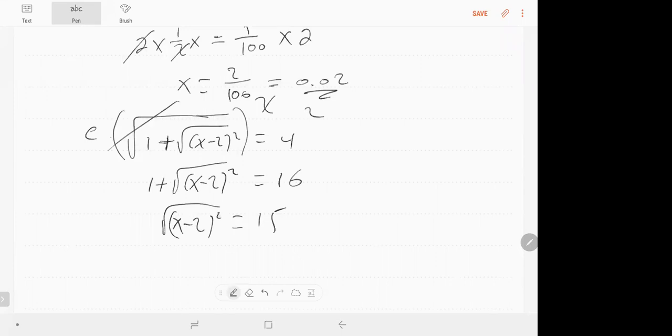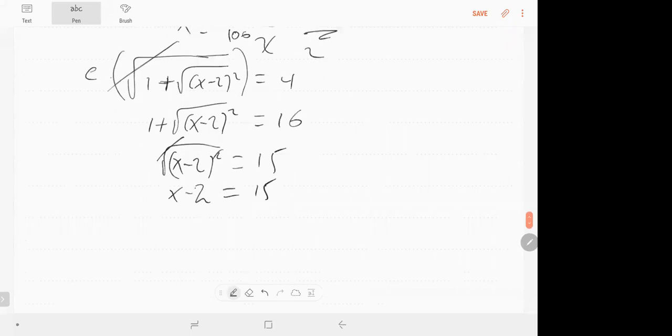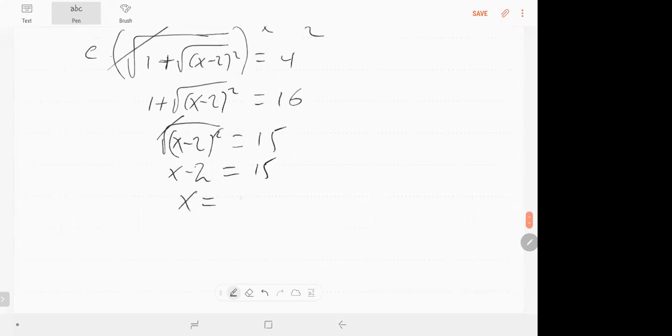Square and square root cancel each other out. So what's left? X minus 2 is equal to 15. So x is equal to 15 plus 2, which is 17. Yes, it will be 17.